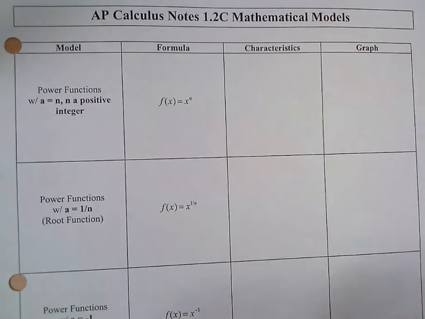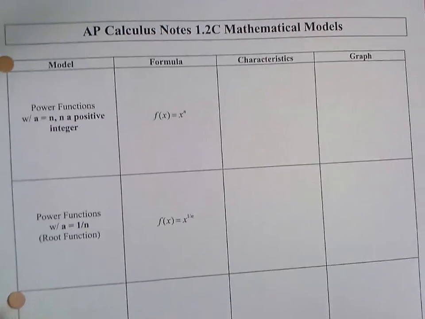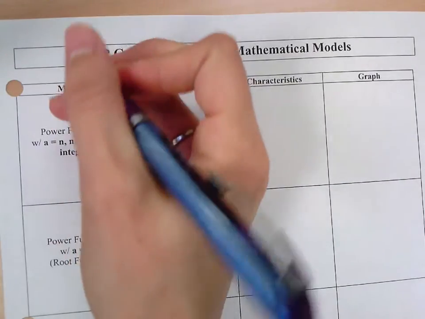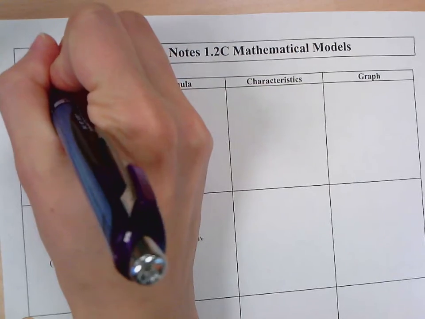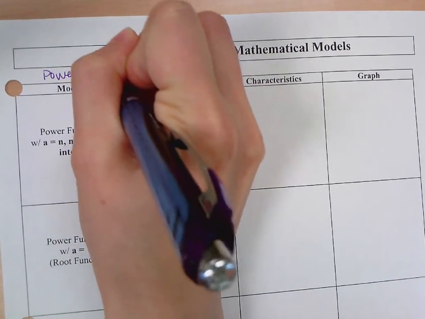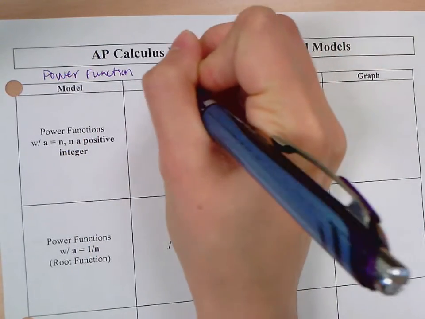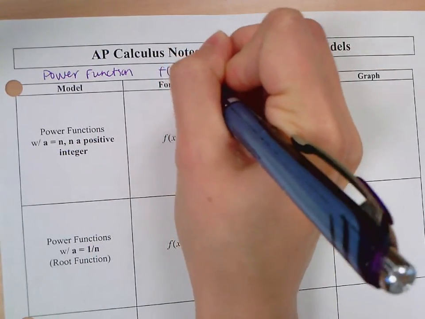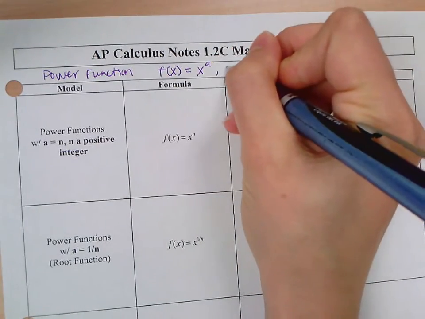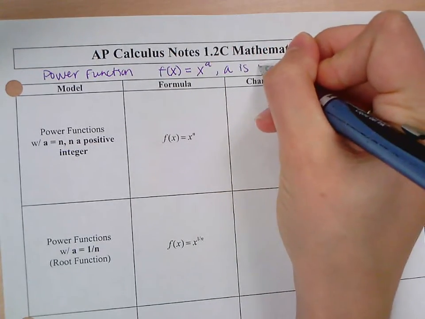The first three are actually power functions. And I didn't include this, but if you want to write in this little space up here, in general, a power function has this form: f of x equals x to the power of a, where a is a constant.